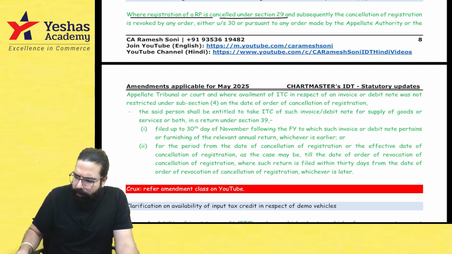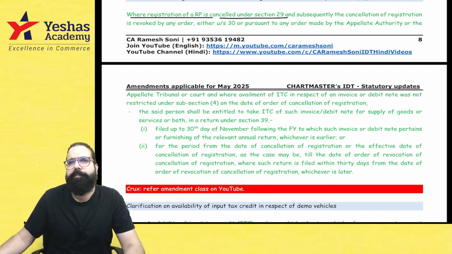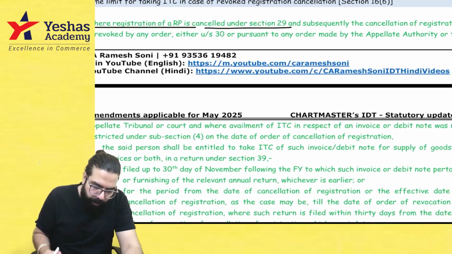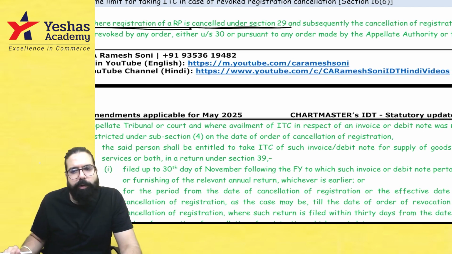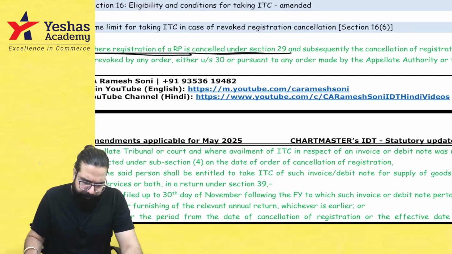Just give me a second, everyone. Okay, everyone over here now. When registration of a registered person is cancelled under section number 29, what is it telling? Just a second, everyone. Okay.